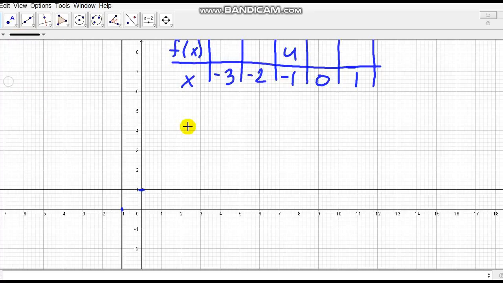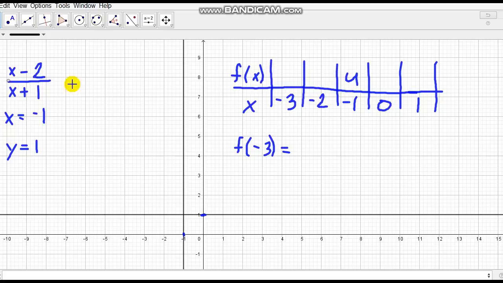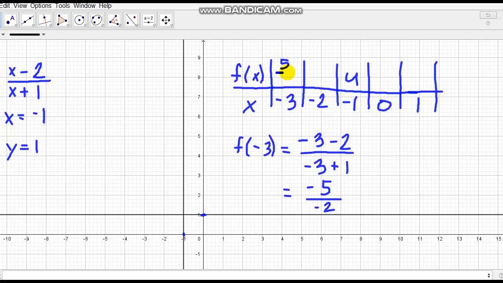For f of negative 3, the function is x minus 2, so this becomes negative 3 minus 2 all over negative 3 plus 1. Negative 3 minus 2 is negative 5, and negative 3 plus 1 is negative 2. So negative 5 over negative 2, simplify that, we get 5 halves.